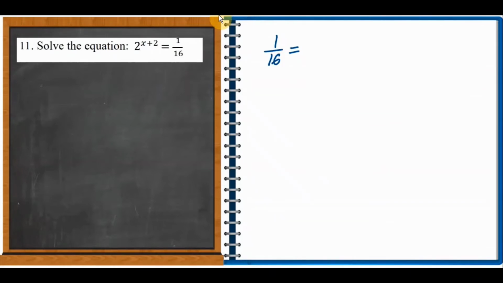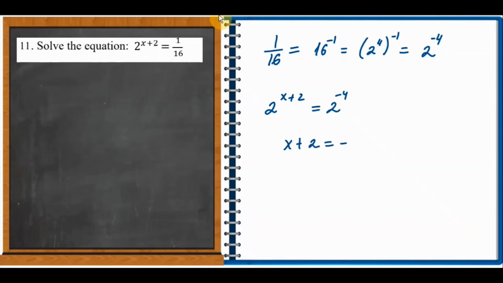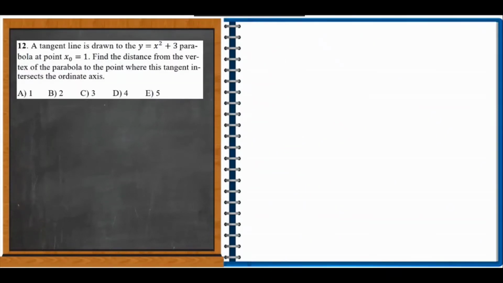Now, we know that that's 16 to the power of -1, and 16 is 2 to the power of 4, and that's -1 here, and it's going to be 2 to the power of 4 multiplied by -1 is -4. Then we will write 2 to the power of x plus 2 is equal to 2 to the power of -4. Since the bases are equal, the powers must be equal. x plus 2 equals -4 and x is going to be -6. That's the correct answer.